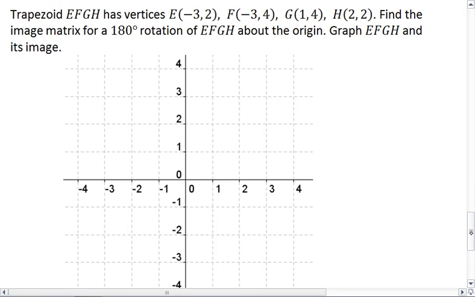Alright, we're told trapezoid EFGH has vertices E at negative 3, 2. F is at negative 3, 4. G is at 1, 4.